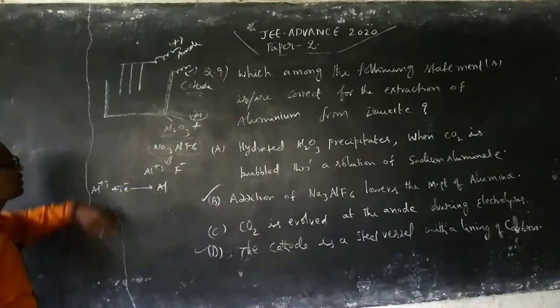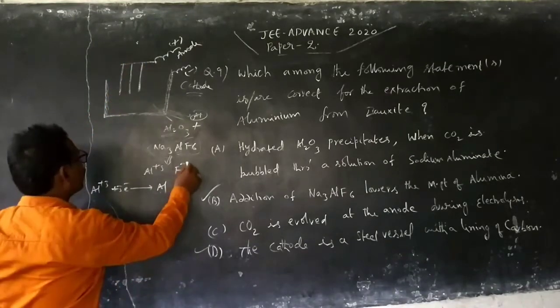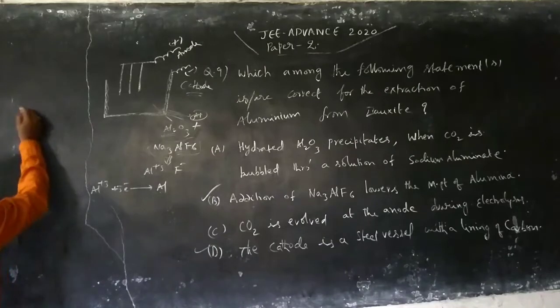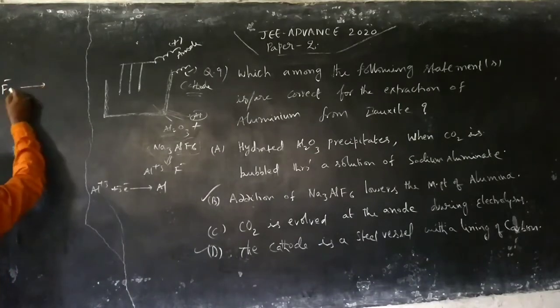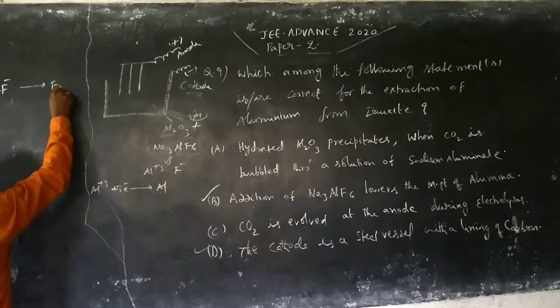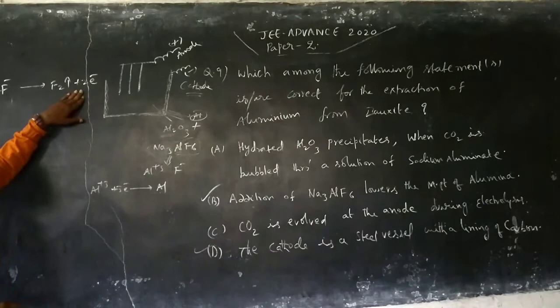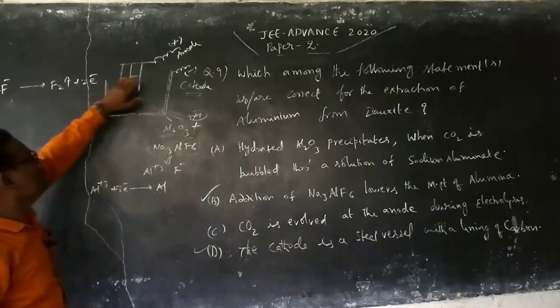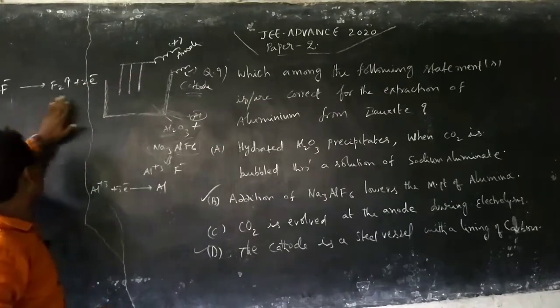And what about the reaction happening at the plus electrode, that is at the anode? What happens is, the fluoride gives F2 gas by loss of 2 electrons. That is nothing but loss of electrons, which is oxidation. That happens at the positive plate, the anode.